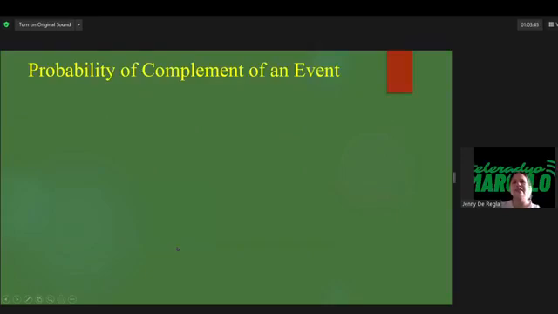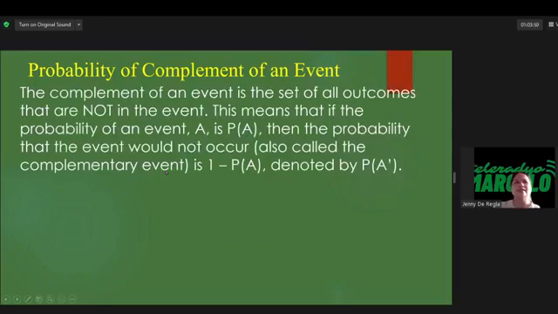So again, the complement of an event is the set of all outcomes that are not in the event. This means that if the probability of an event A is P(A), then the probability that the event would not occur, also called the complementary event, is 1 minus P(A), denoted by P(A complement).